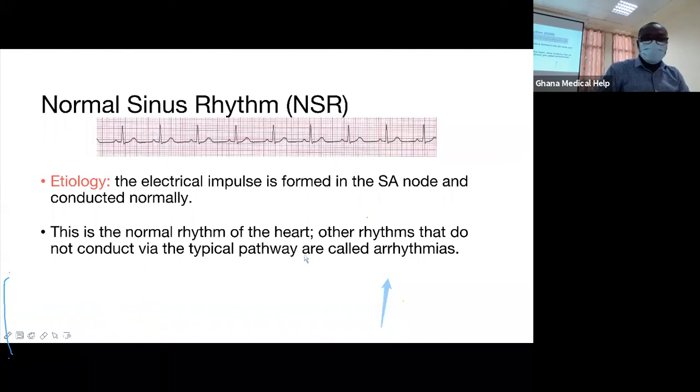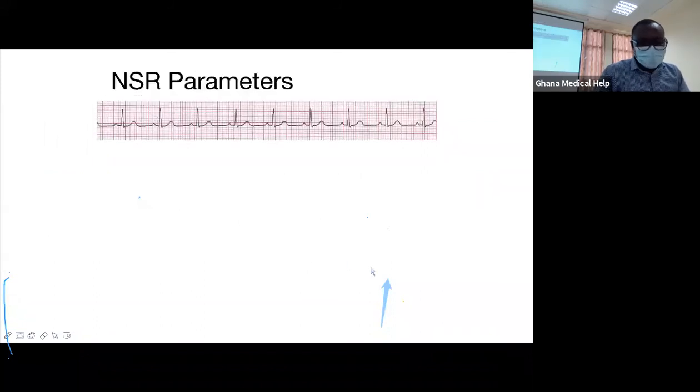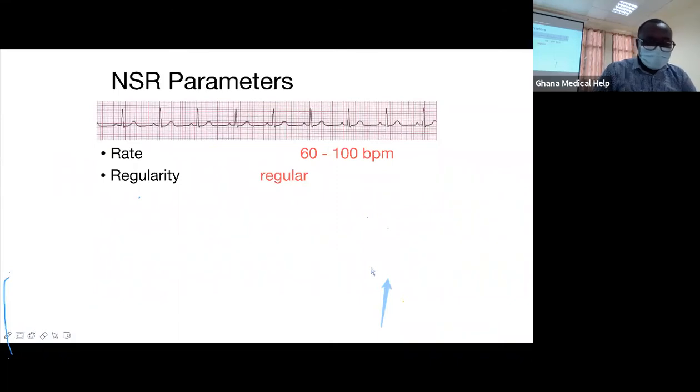Any other rhythm apart from what we have just learned is an abnormal rhythm, what other people call an arrhythmia, or what in the past they commonly would say dysrhythmia. So what are the parameters? Like we said, the normal rate is usually between 60 to 100. For it to be a normal rhythm, it has to be regular.